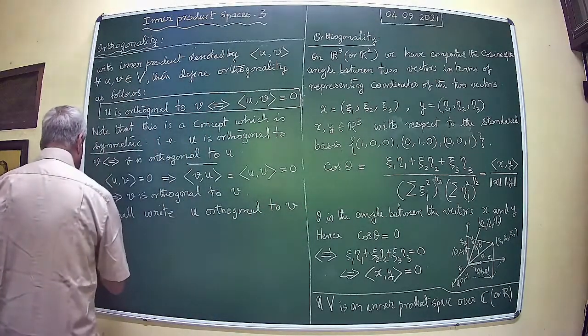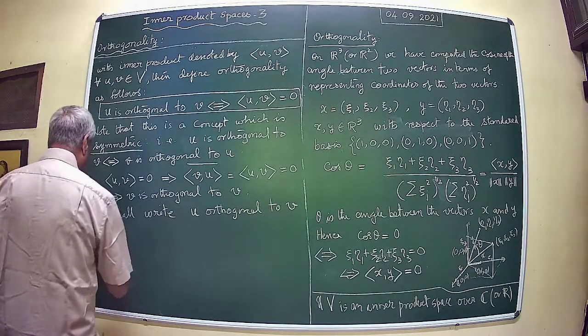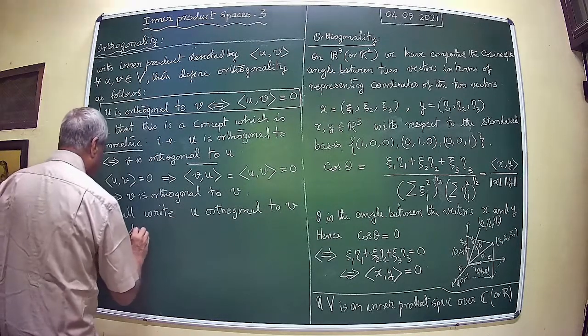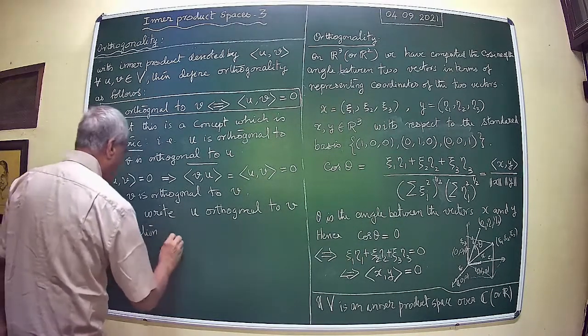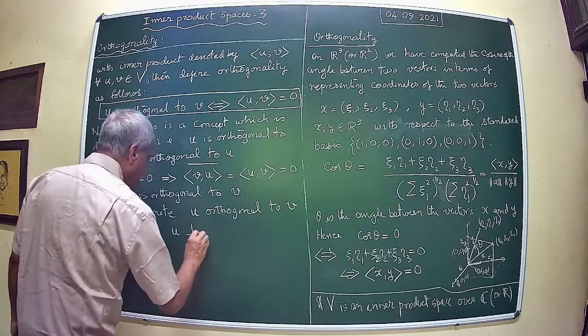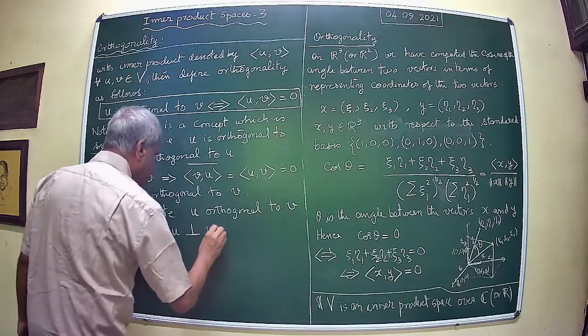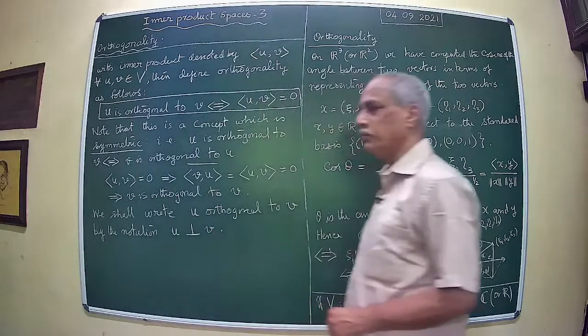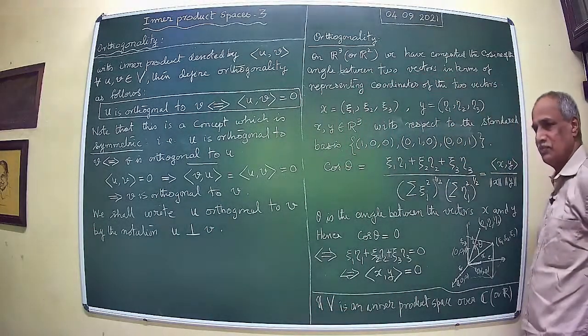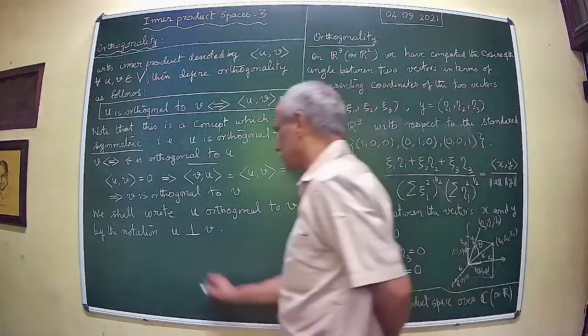By the notation, u is perpendicular to v. Okay, so this is the notation.